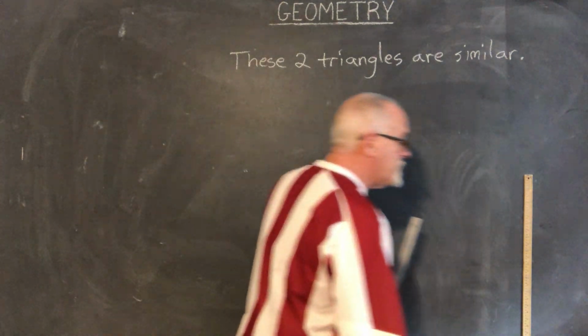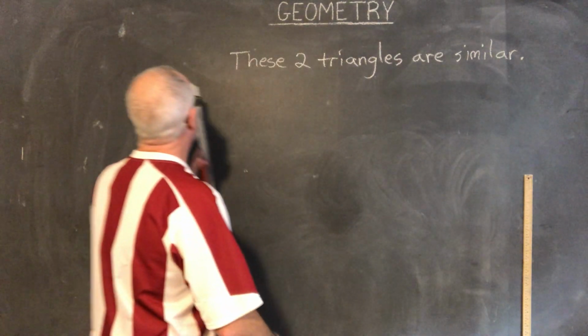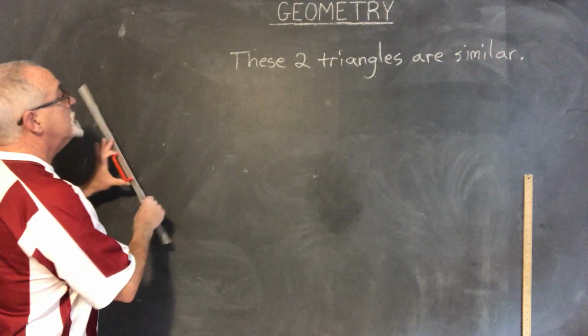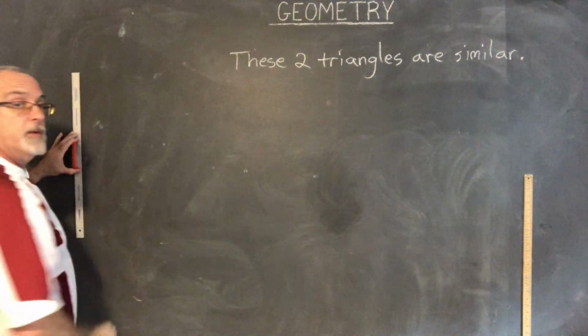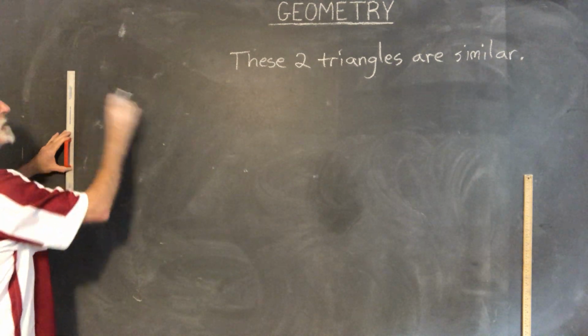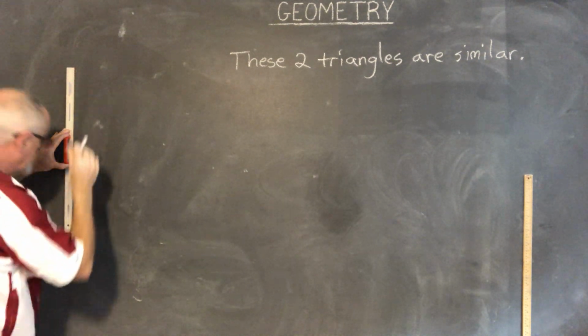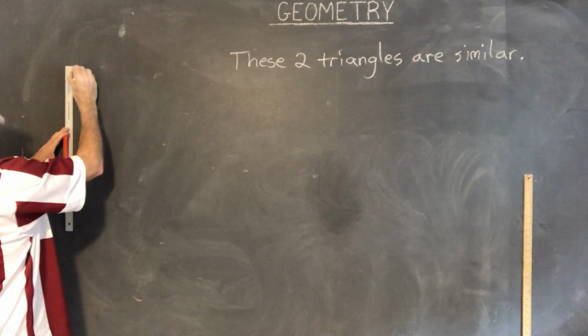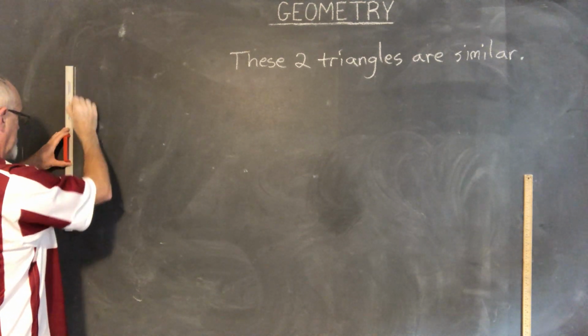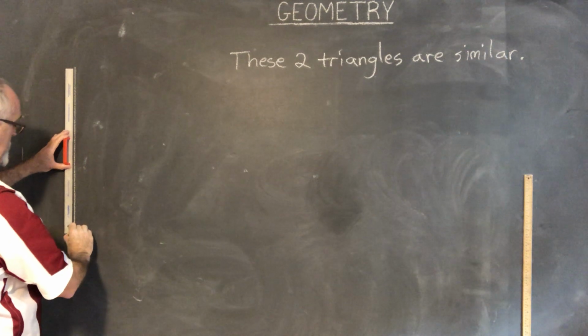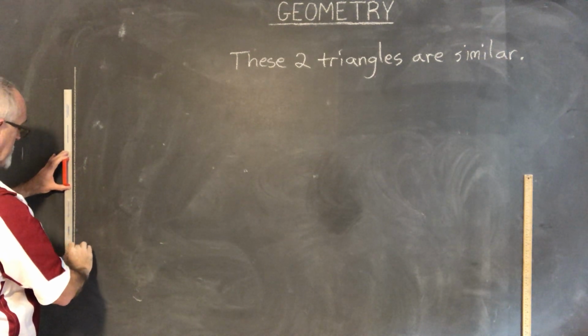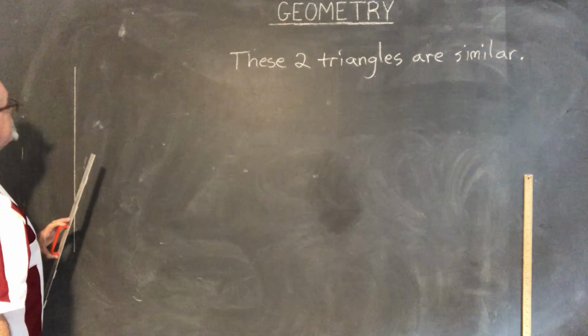Okay, I'm going to draw. Okay, what I will do is over here, make sure I get it off to the side so I have lots of room for calculations. And how far does this go? This ruler isn't quite as long as I wanted. There, now it is. Okay.